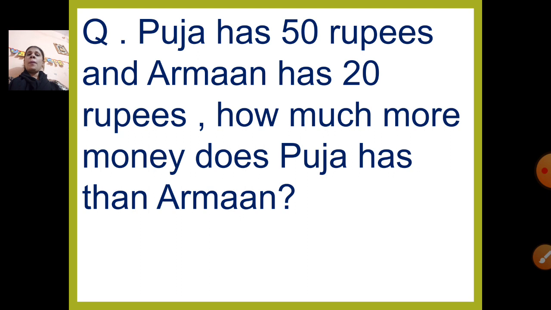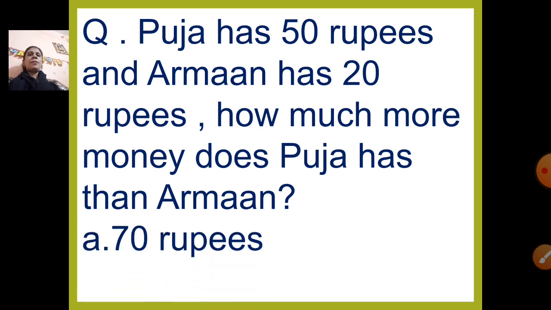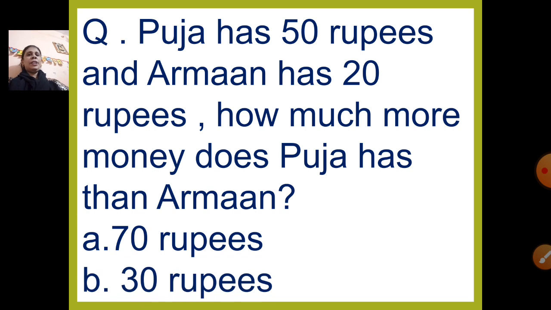How are you going to get the answer? By subtracting this. Correct. So let us see the options. Option A, 70 rupees. Option B, 30 rupees. Now children, minus, that is subtract, and tell me what will be your answer.